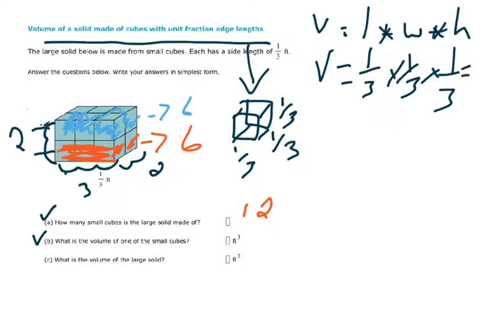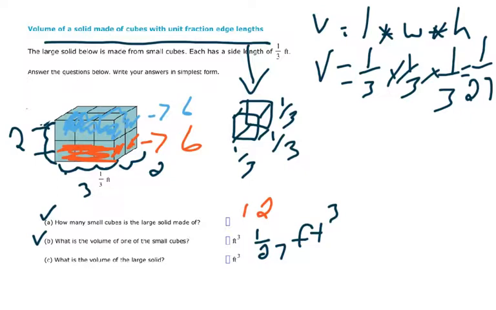On the top, 1 times 1 is 1, 1 times 1 is 1. On the bottom, 3 times 3 is 9, 9 times 3 is 27. So this answer would be 1/27 cubic feet. Each of the cubes is 1/27 of a cubic foot.